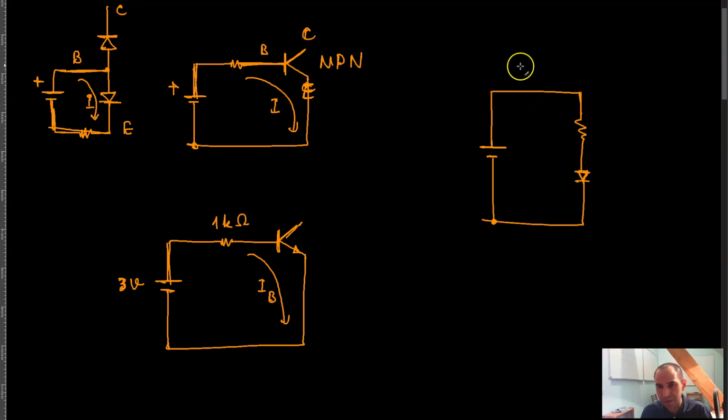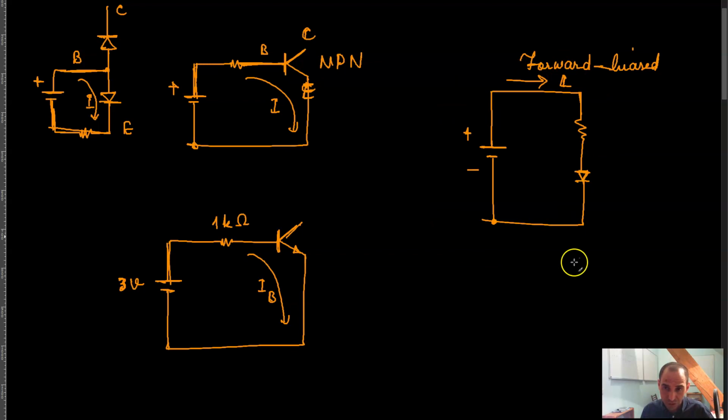And this is a forward biased diode, and of course current is going to be going in this direction. This is positive, this is negative.